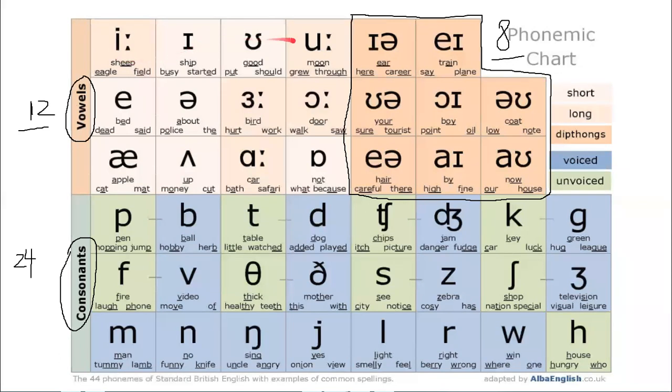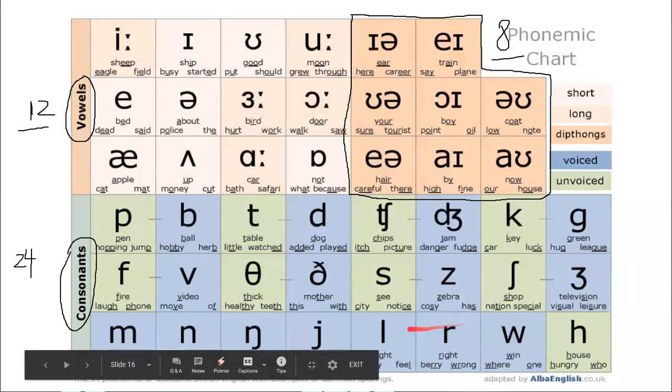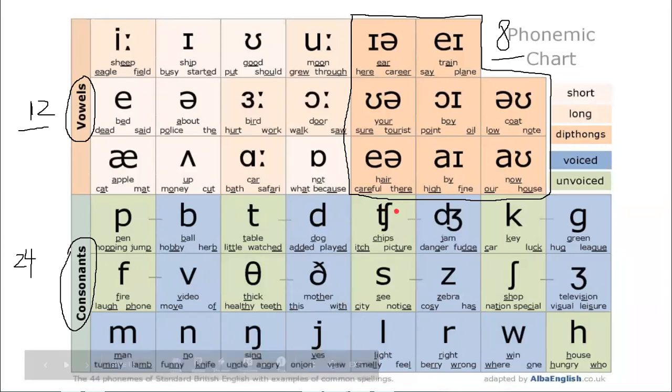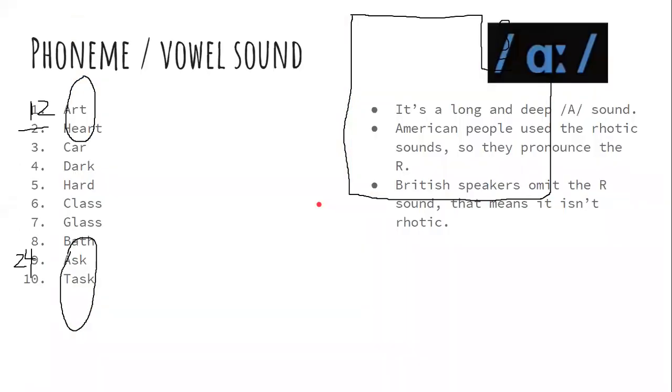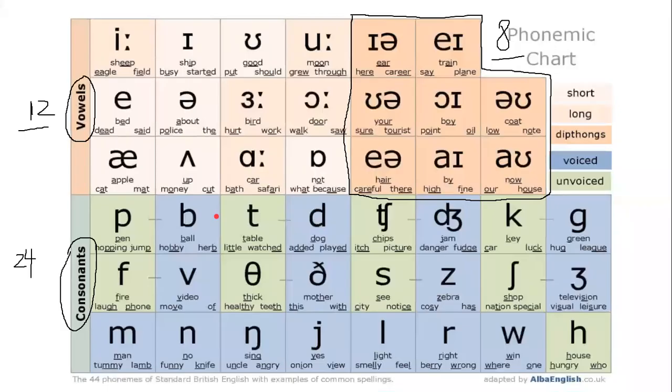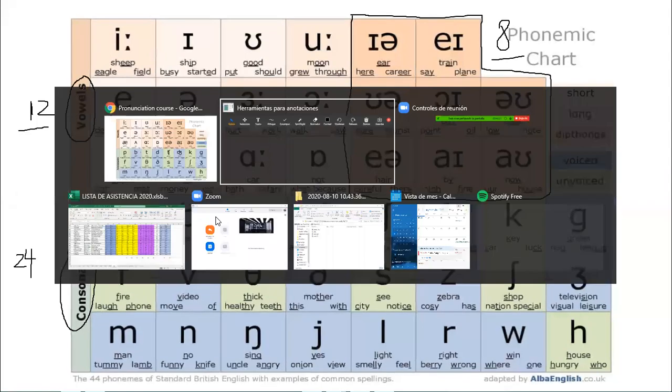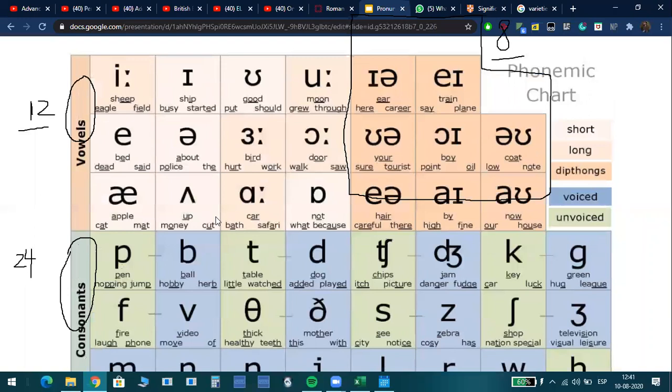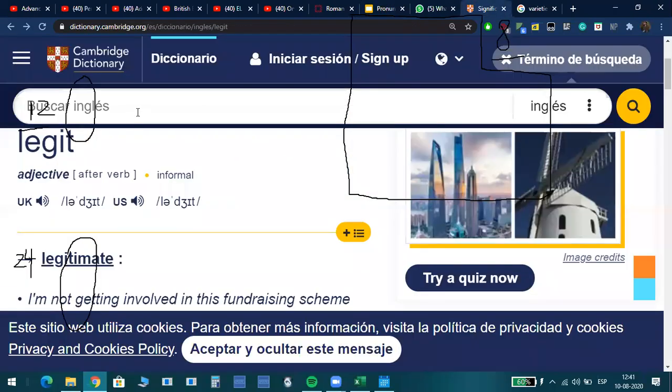These symbols look very weird, okay? But once you understand them, you'll see why dictionaries sometimes have very strange written areas. So for example, I'm gonna go to a dictionary. I'm gonna find the word legend.